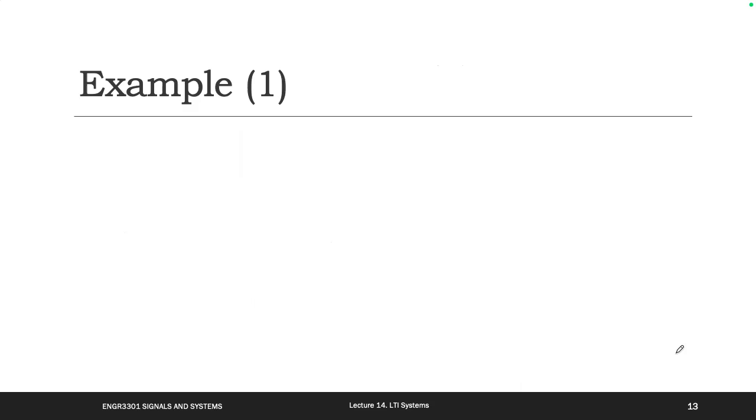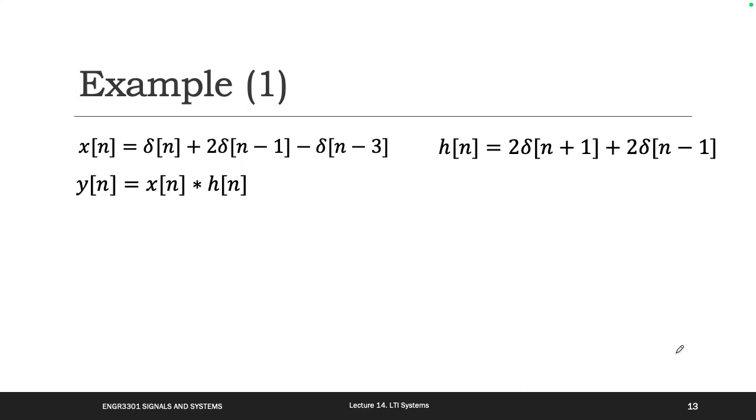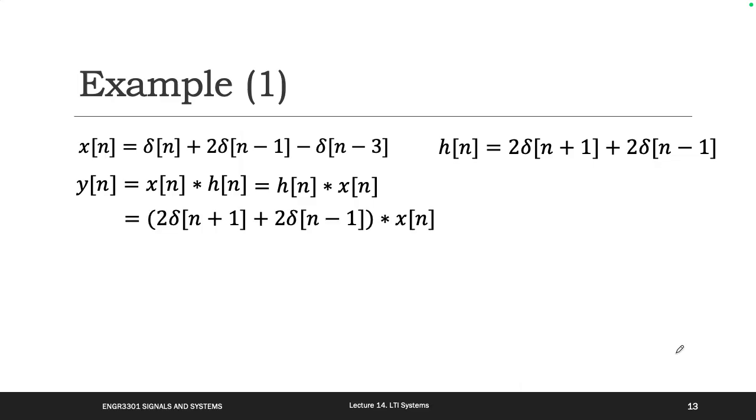Let's talk about one example. This is our x[n], and this is h[n]. So we know y[n] equals this one, also equal to h[n] convolved with x[n]. And you can see this is your h[n] convolved with x[n]. Let's try to use the distributive property. After we apply the distributive property, what can we get?